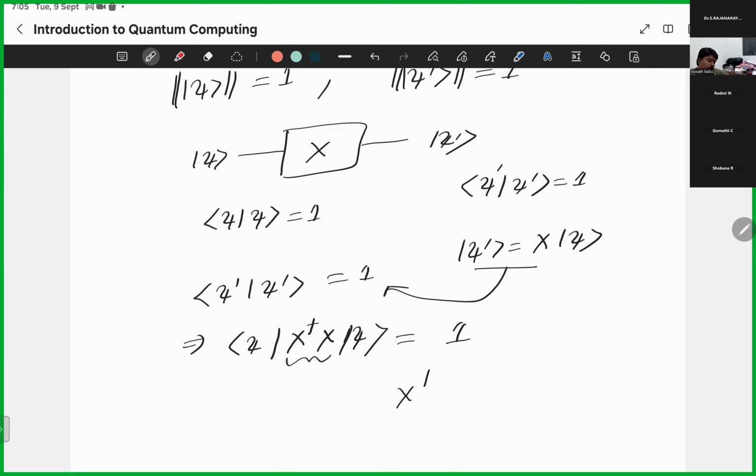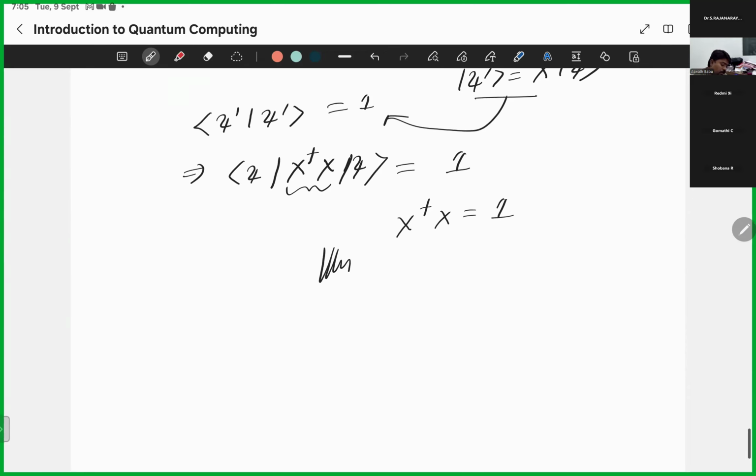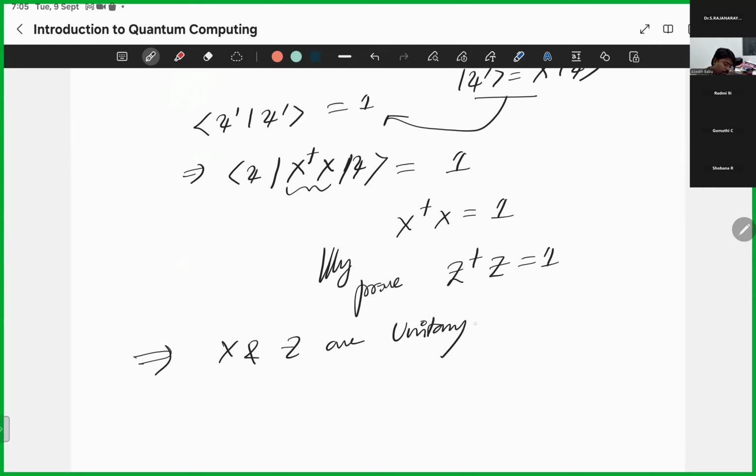That means X dagger X is equal to 1. Similarly, you can prove that Z dagger Z is equal to 1. So you can conclude that X and Z are unitary operators.